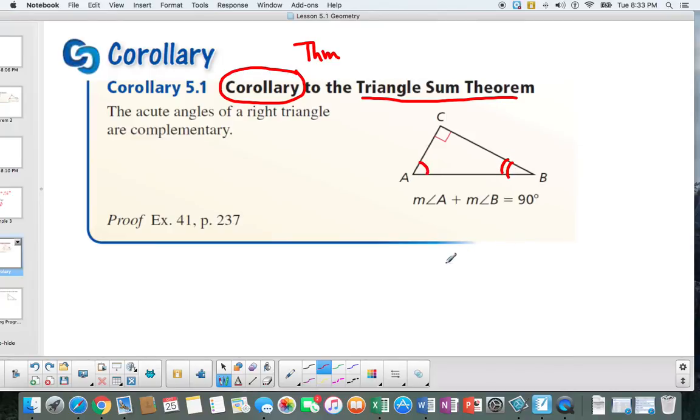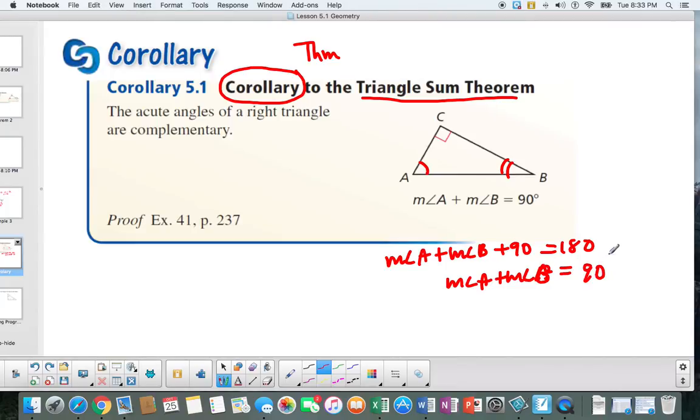And that makes sense because the three angles, angle A plus angle B plus 90, are equal to 180. And if you use subtraction, you're going to get the two angles equaling 90. And that's why we call it a little theorem, because it got proved so quickly.